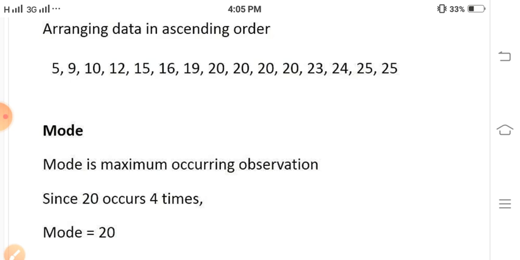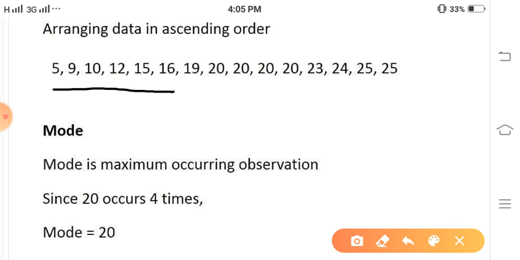And here you will count the total number of observations, which is 15. So you will leave 7 terms from the left hand side and 7 terms from the right hand side. 1, 2, 3, 4, 5, 6, 7.